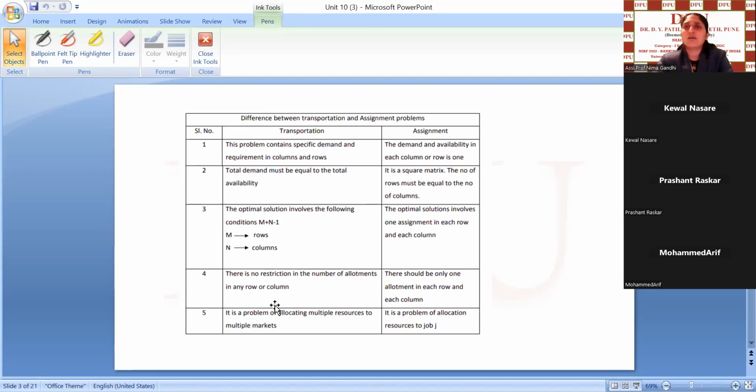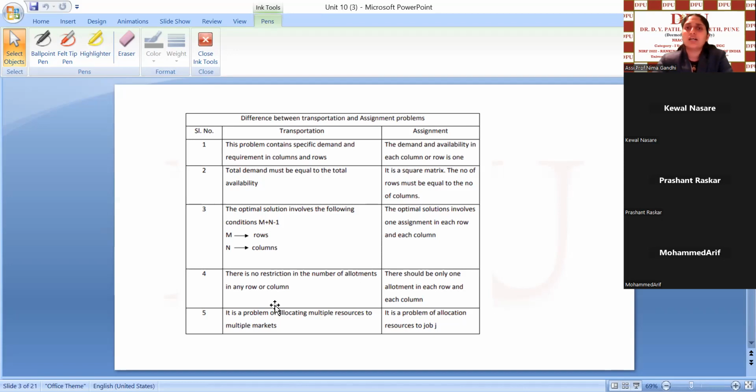So you come to the end when your allocation is m plus n minus 1. If you have 3 rows and 4 columns, you need total allocation at 3 plus 4 minus 1, that is 6 places. Okay, so then only you can say your solution is optimum.